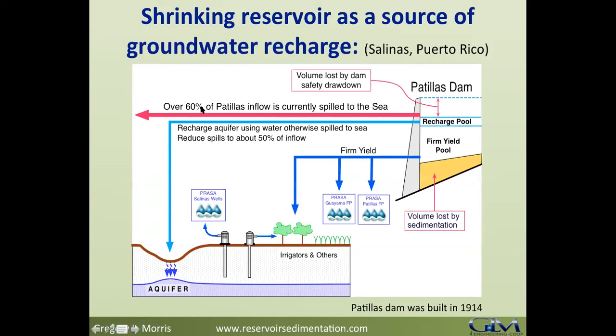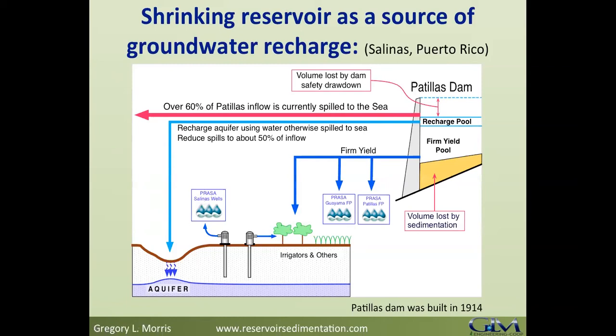It's discharging 60% of its annual average inflow to the sea. So you're spilling a lot of water, and your firm yield users are two different municipalities, and you have irrigators and a couple of industries. But there's also another municipality, Salinas, that relies entirely on wells and has a very severe aquifer depletion problem.